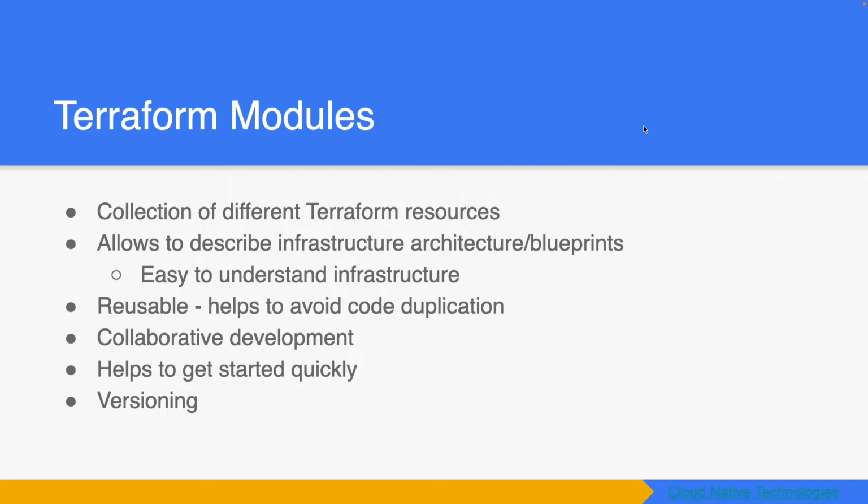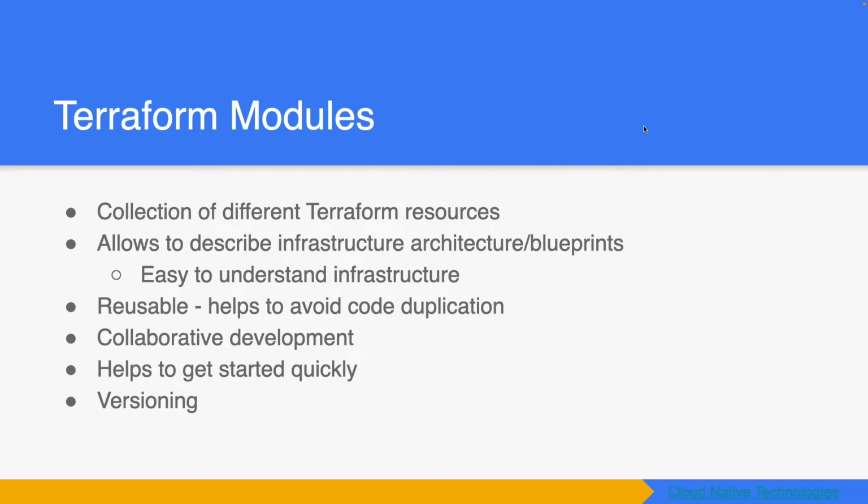First of all, let's just understand what the Terraform module is. So a Terraform module is nothing but a collection of different Terraform resources. So for example, in the previous example, we saw different resources like a resource for creating a VM instance, a resource for creating a bucket, a resource for creating a service account, a resource for uploading an object to the bucket. So if you put all of this collection together, we could create a Terraform module out of it.